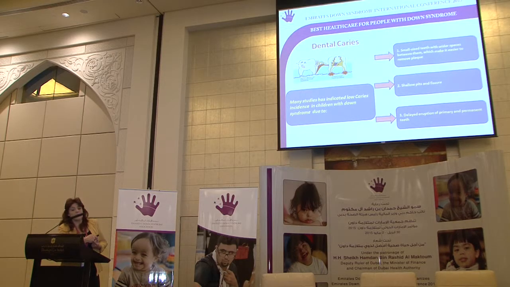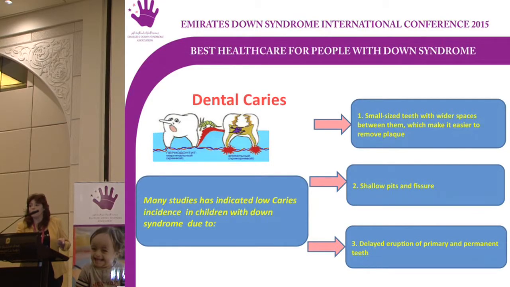The last point is the delayed eruption of the deciduous teeth and the permanent teeth in Down syndrome. If a normal child will erupt his primary teeth, his baby teeth, at 6 months, we will find that the Down syndrome will erupt his teeth about 9 months or 8 months. And if the normal child will erupt the permanent teeth at 6 years, we will find that the Down syndrome will erupt their teeth at about 8 years of age.